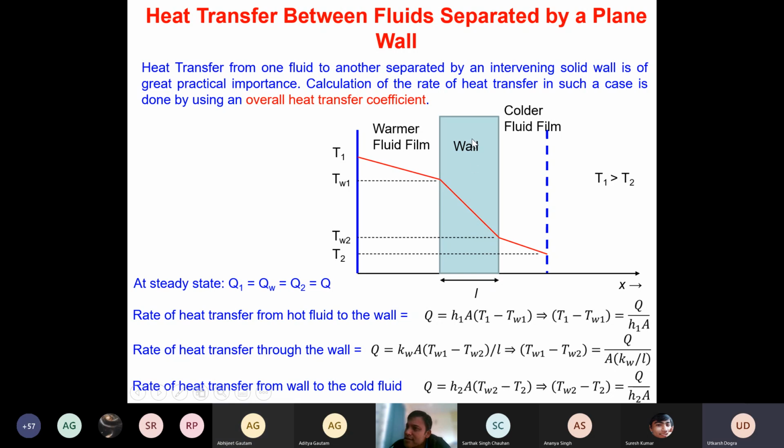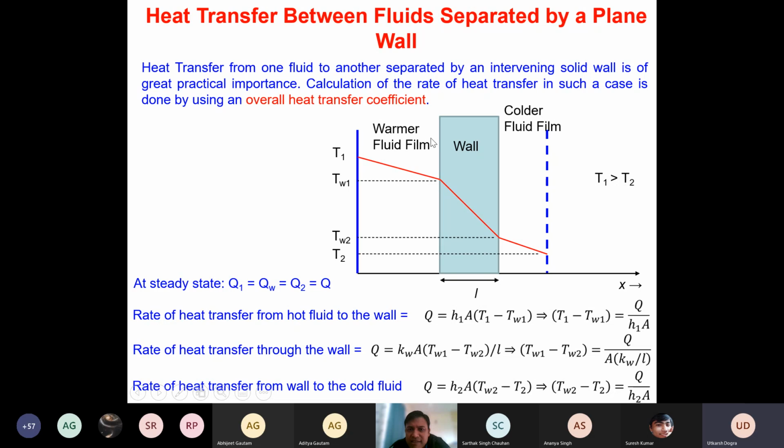So the resistance offered by this metal wall will be very little compared to the resistance present in the outer warmer fluid film and the inner colder fluid film. The resistance offered by these two fluid films will be much higher, because the thermal conductivity of the fluid is at least 1 or 2 orders of magnitude lower than that of metals.